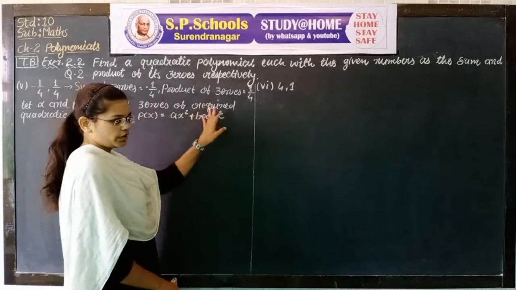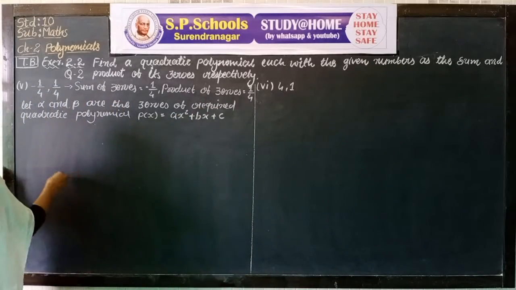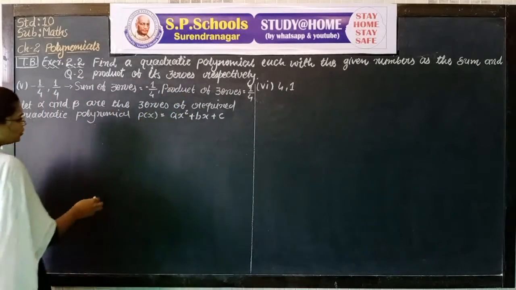We have to find the values of a, b and c by using the sum and the product of zeros.